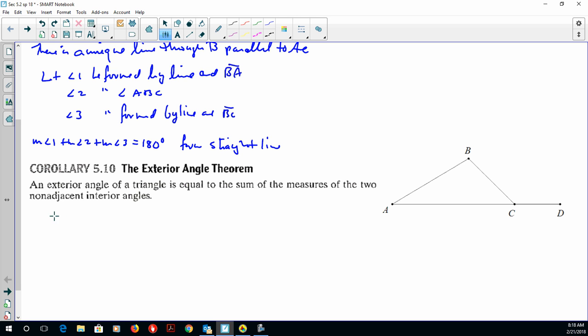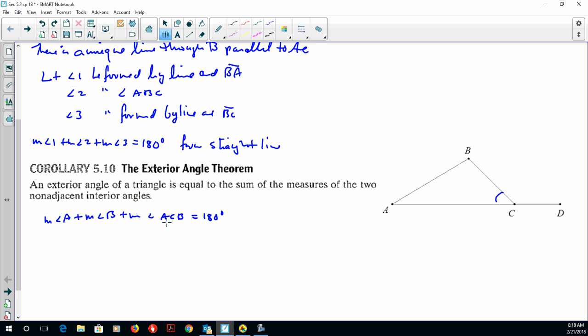We know from the previous theorem that the measure of angle A plus the measure of angle B plus the measure of angle, I want this angle, so I'm not going to call it C, I'm going to call it ACB, is 180 degrees. Okay.